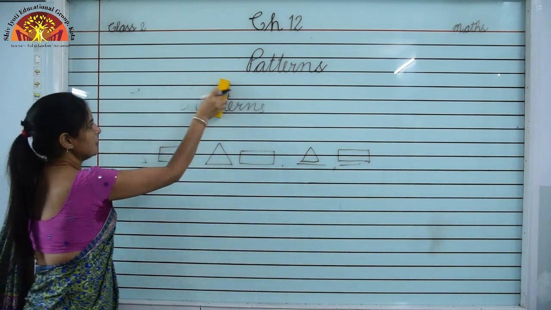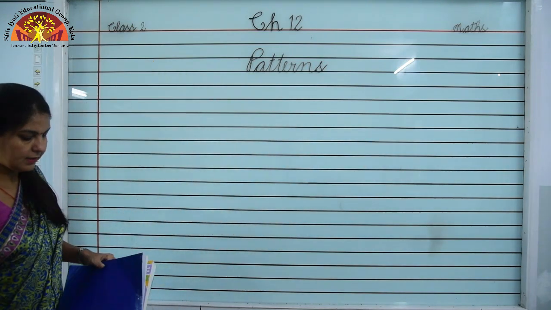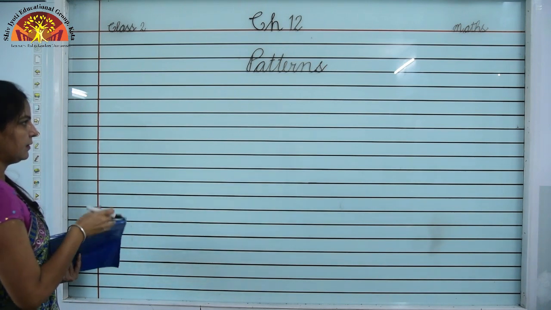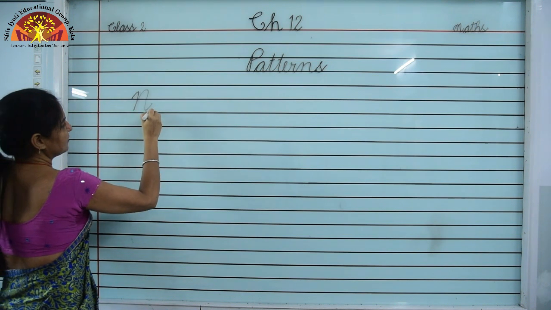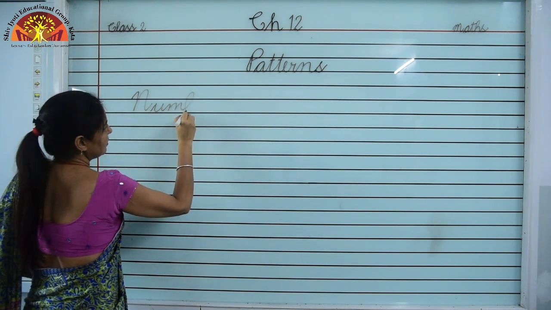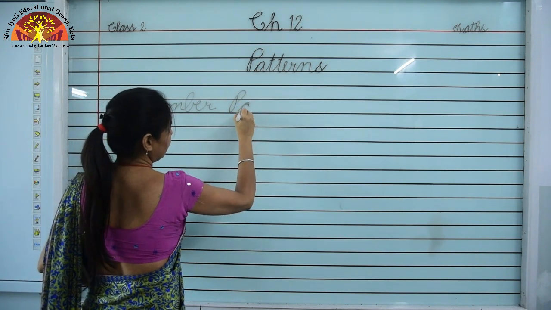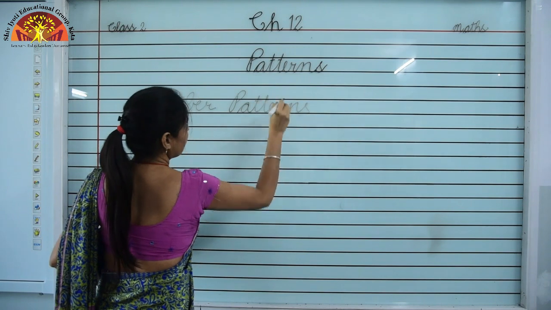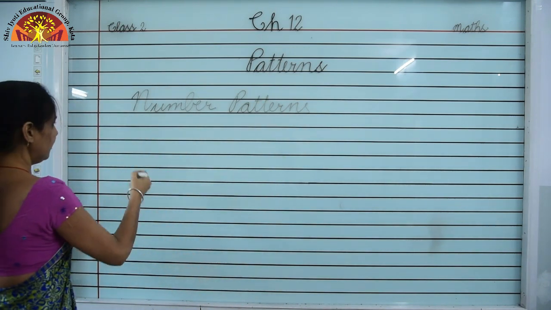Now we will see the next pattern. This is number pattern. In number patterns, children, a few numbers are shown here.